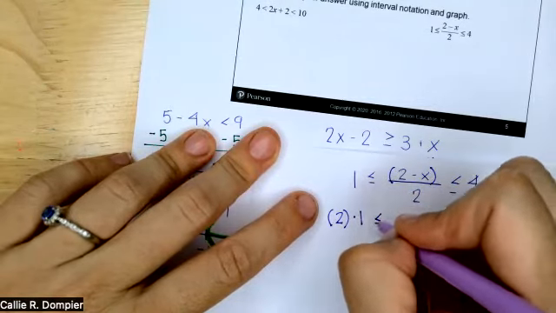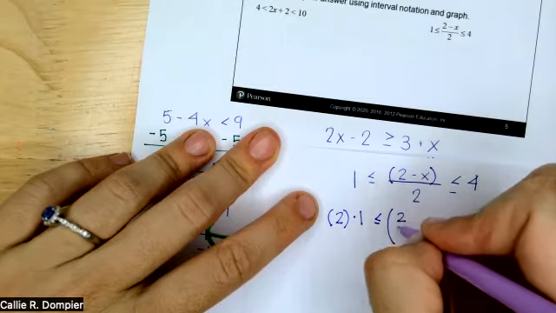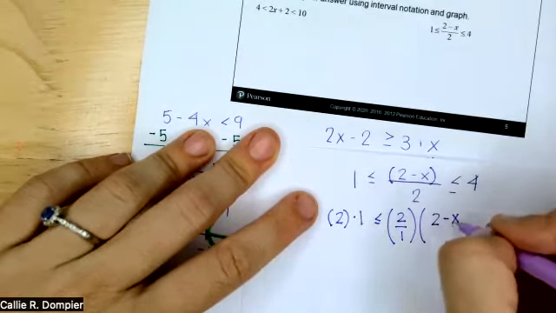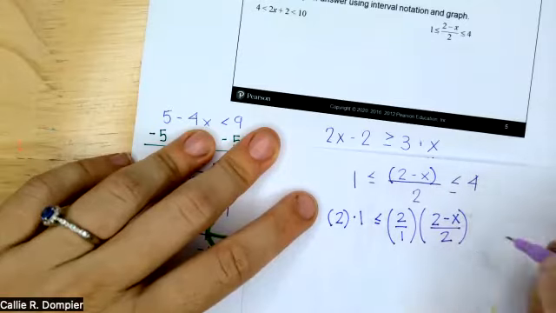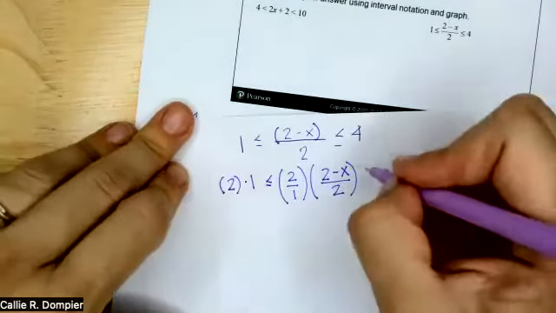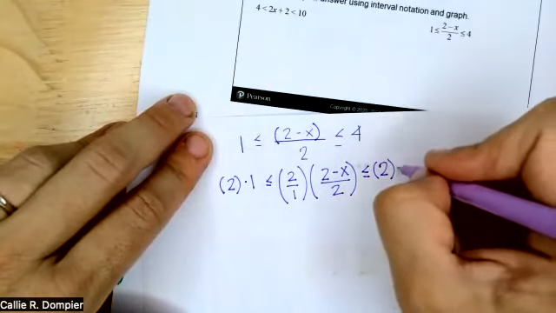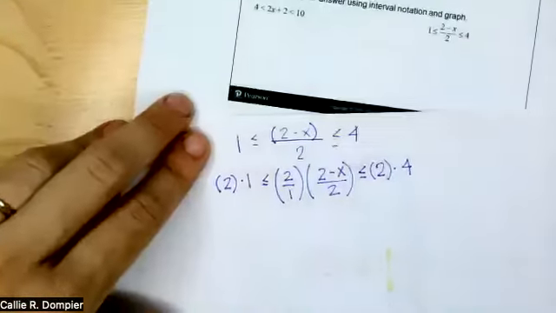times 1. 2 times 2 minus x over 2. 2 times 4.